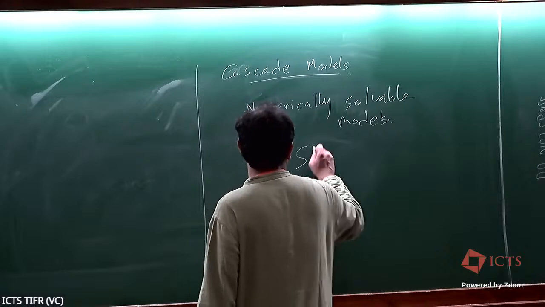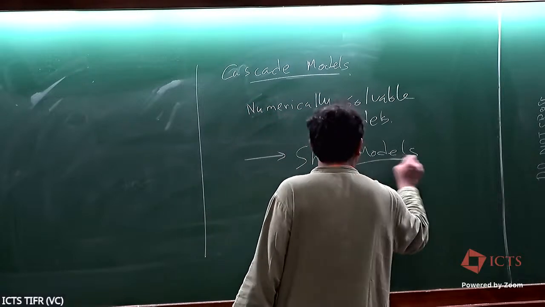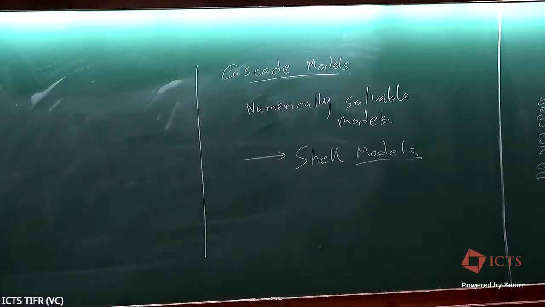These go by the name of shell models. They're useful because unlike the Navier-Stokes, you can actually solve them numerically on your laptops in about half an hour, 40 minutes, and you can generate all those numbers that I was showing you. So maybe tomorrow, towards the end of my lecture, unless Ritik, did you do any of this in your tutorials? Maybe tomorrow at the end of my lecture, I might be able to cover this.